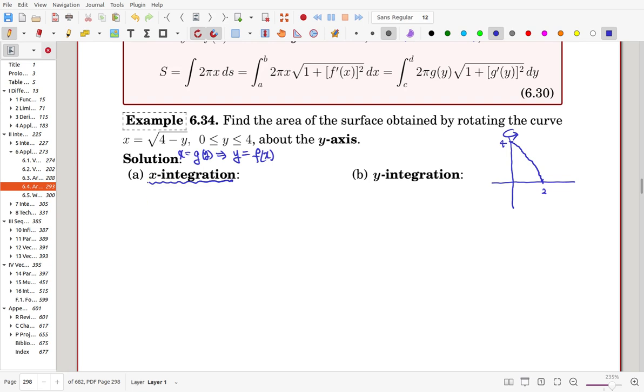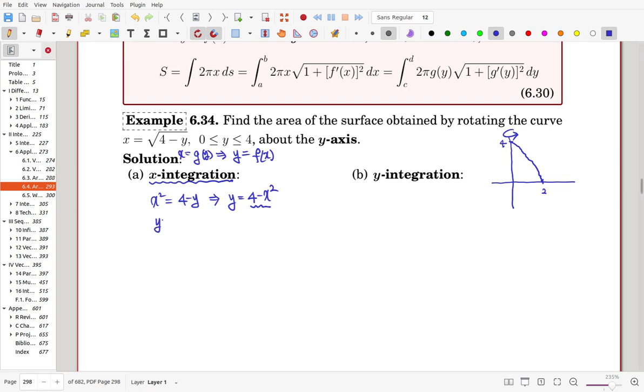Squaring, x squared equals 4 minus y. From this one, y equals 4 minus x squared, right? So now we have to get 1 plus f prime of x squared.